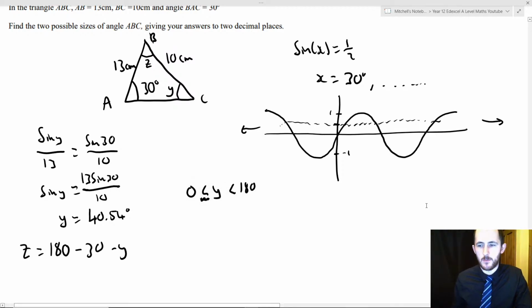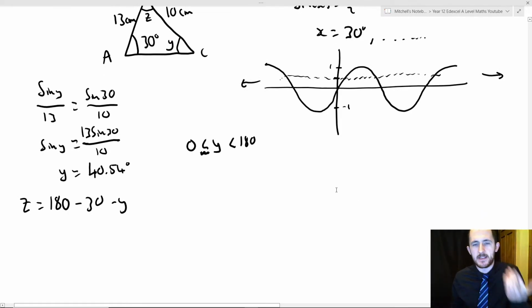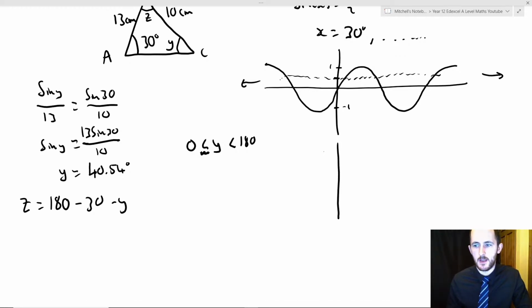So I believe, Alchemist, you use basically the graph, but you use 180 minus the value will give you the other value. It's 100% fine. I use the cast diagram because it gives me some other values as well. Although in this case, it will only give me that one value. So we found out that it's 40.54.